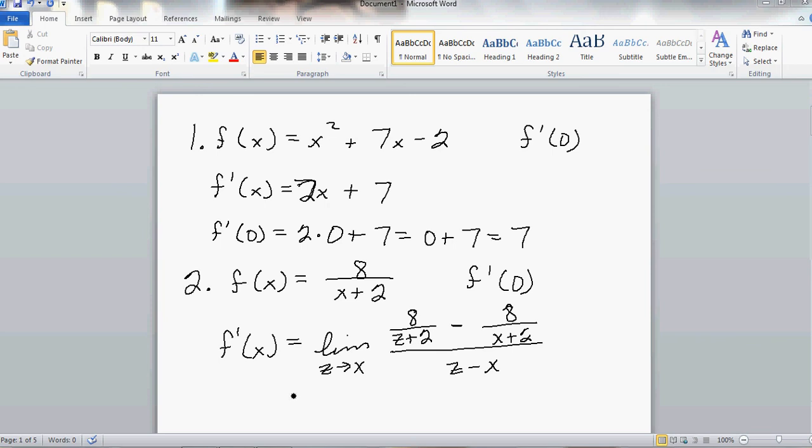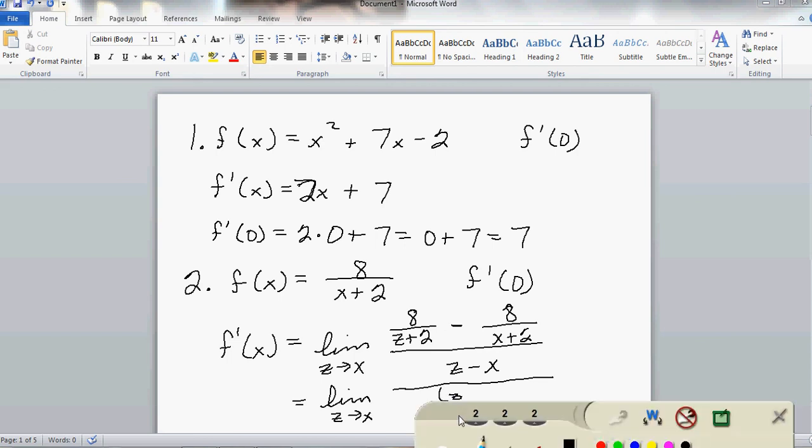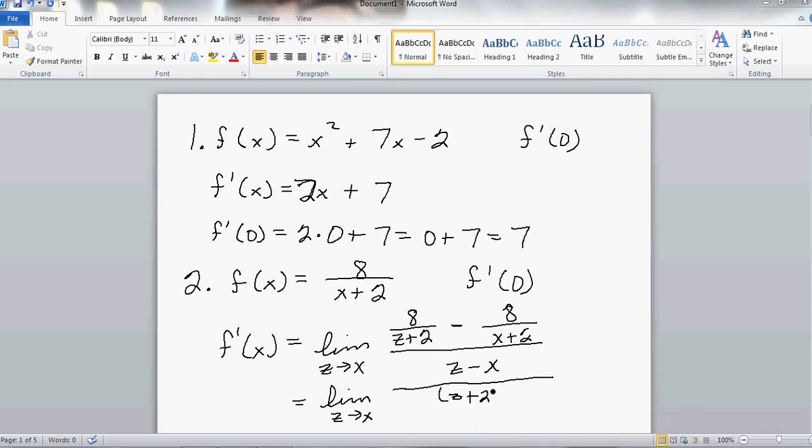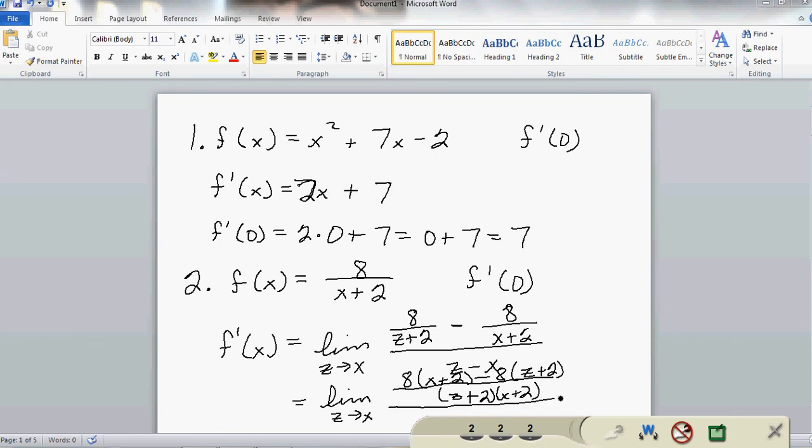And so this will equal the limit as z approaches x of, okay, common denominator up here will be z plus 2, x plus 2. And what we have to do is multiply this 8 by x plus 2, and multiply this 8 by z plus 2. And that still will be all over z minus x.